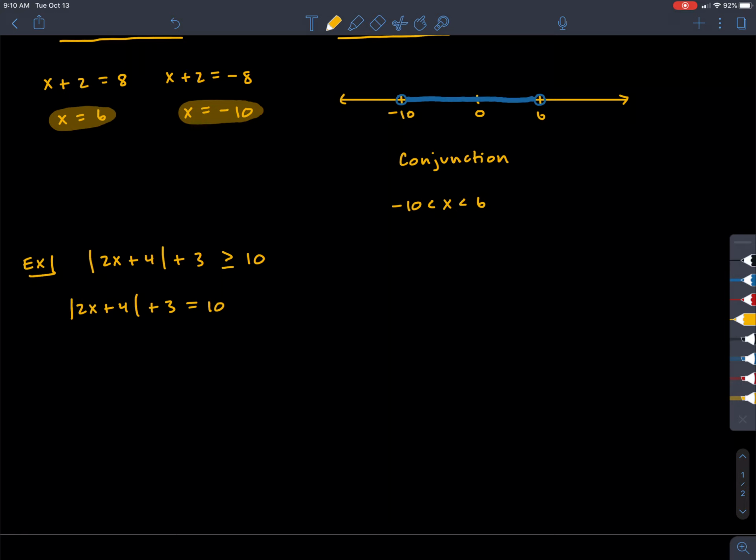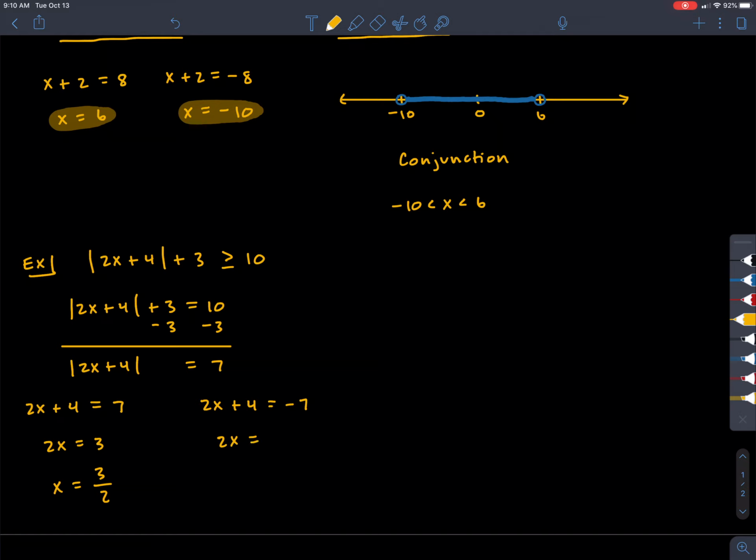I'm going to subtract 3 from both sides to get the absolute value of 2x plus 4 equals 7. So 2x plus 4 equals positive 7, and 2x plus 4 equals negative 7. I'm going to work through some algebra there. 2x is equal to 3, so x is equal to 3 halves.